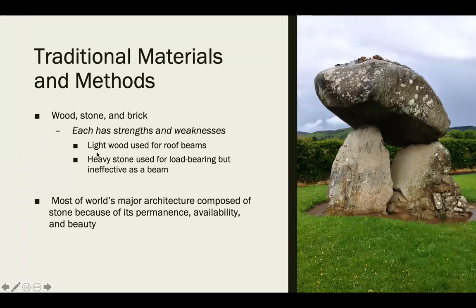We start to learn that certain materials are better for certain parts of the house, whereas other materials are better for other parts of the house or of the building. So the wood becomes more reliant on the lighter parts of the house, like the roof beams and things that are going to be raised because it's a lighter material, while heavy stone and brick are used for more of the load bearing, and aren't very effective as a beam.